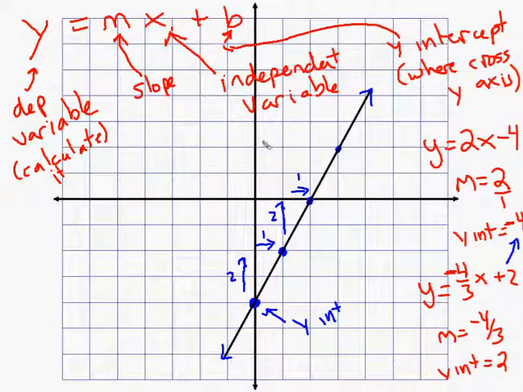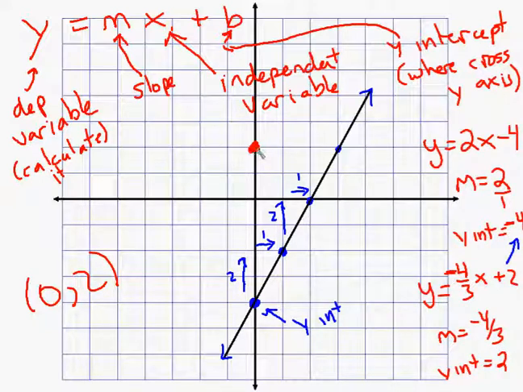What do I mean 2? I mean the point (0, 2), because x is 0. Notice it's a y-intercept, so which axis is it on? The y. Many of you are going to go on the x-axis. I don't know why you do that. It's a y-intercept, so it's on the y-axis.